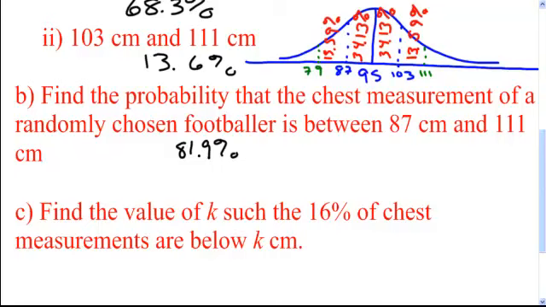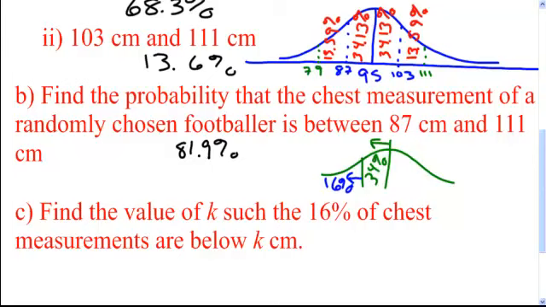So if I need to look at 16%, I know that half my folks fall from here down. And then if I go 1 standard deviation away, this is again about 34%. So therefore, from 1 standard deviation down is about 16%.